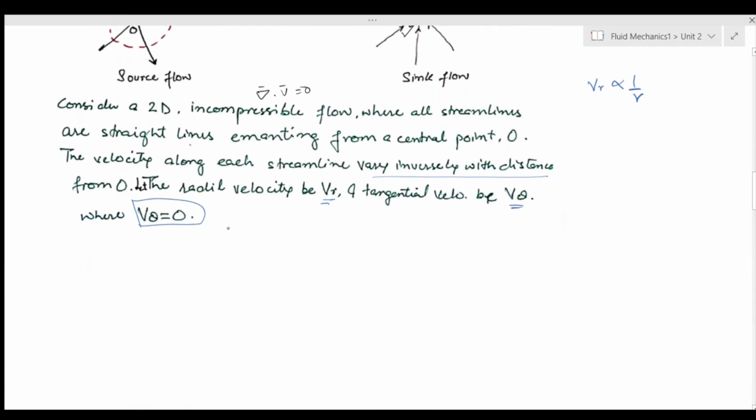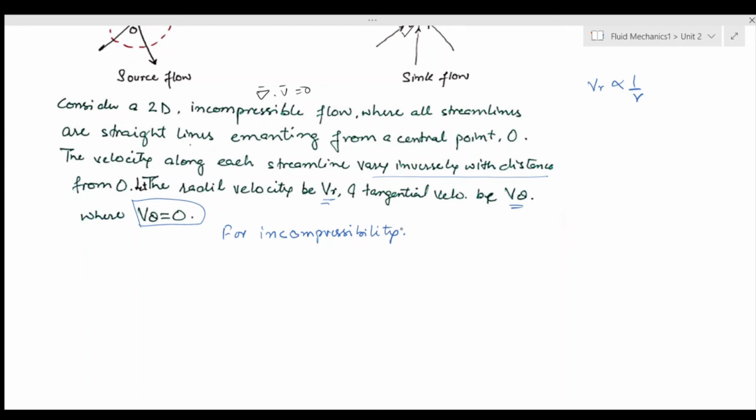If that's the case, then I know that for incompressibility del dot V is 0. If I want to find my stream function, I would use incompressibility, del dot V equals 0. If I want to find my potential function, I would use irrotationality, del cross V equals 0.